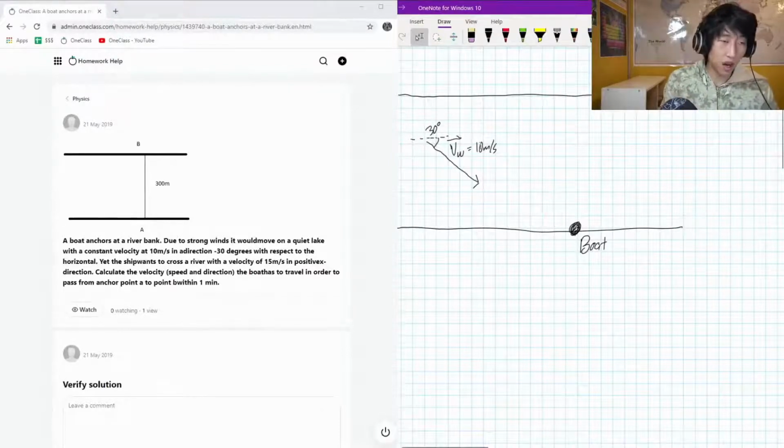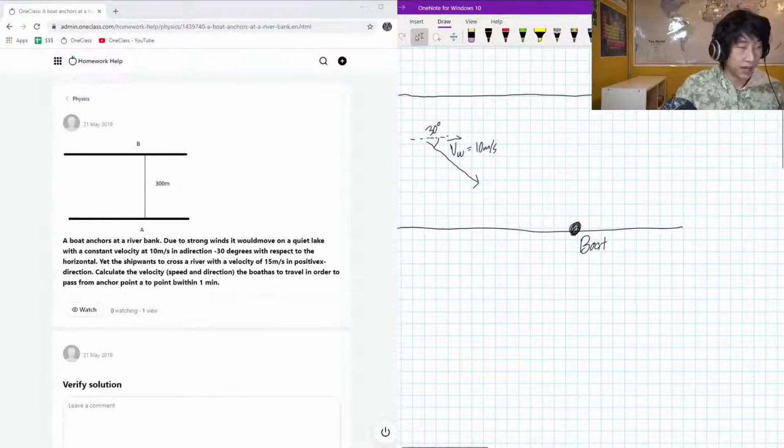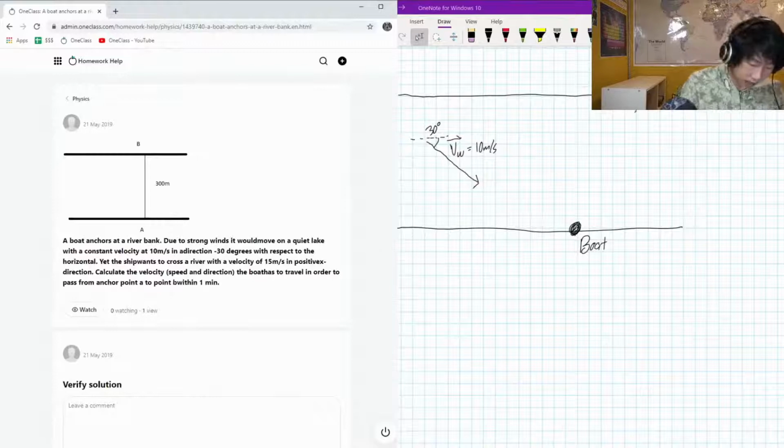Okay, so this is our wind speed, and another speed that we have is the river water speed, which is 15 meters per second in the positive x direction. So if we define our xy axis like this, that would mean our v water.